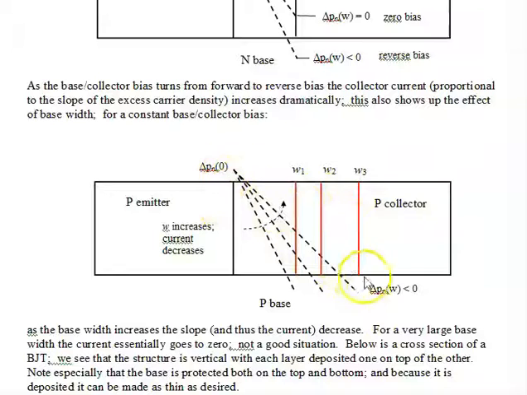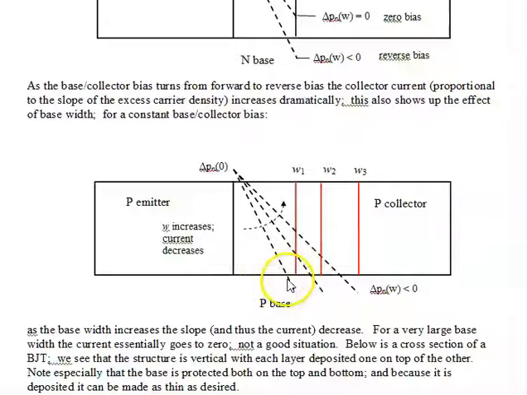And we see at the end of the journey here, compared to the end of the journey here, which slope is higher? It's pretty clear. This guy has a much shallower slope, less current than the shorter base, which has a narrower base.